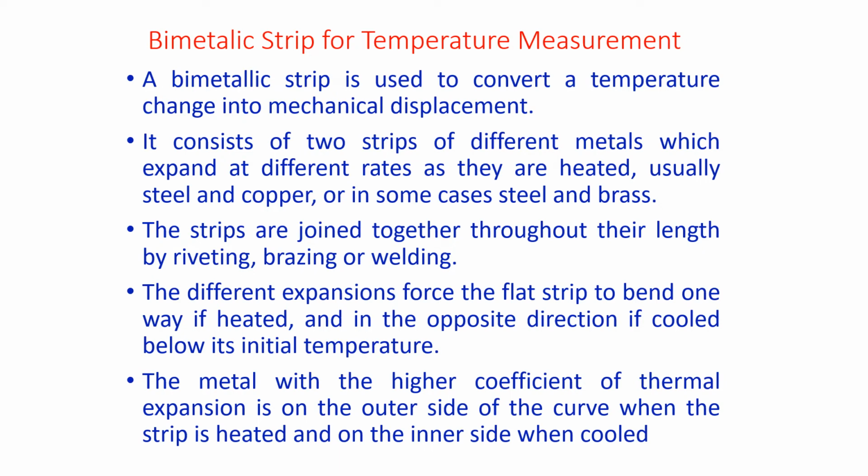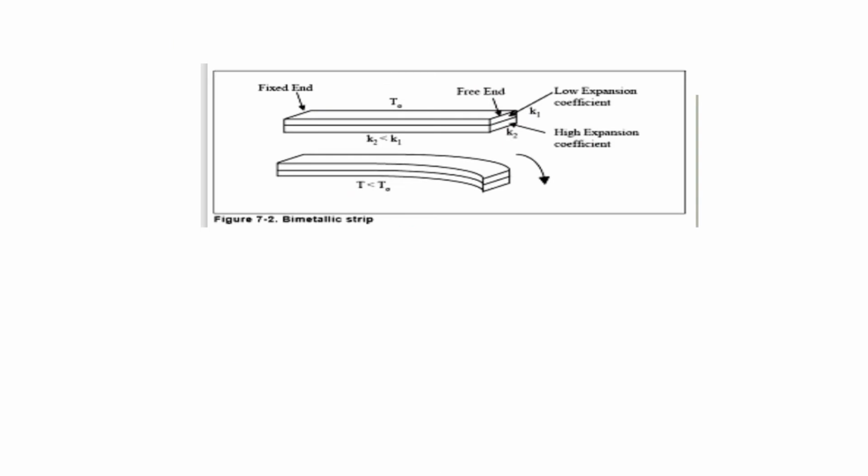The different expansion forces the strip to bend one way if heated and in the opposite direction if cooled below its initial temperature. So it looks like this: low expansion coefficient, high thermal expansion coefficient, free end and fixed end.